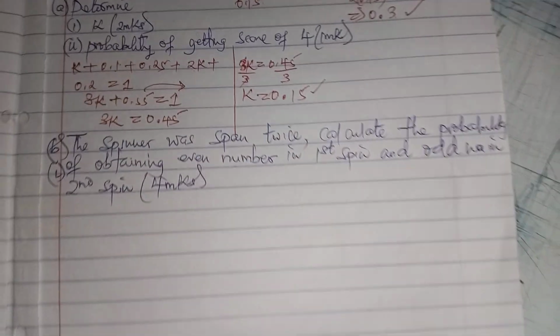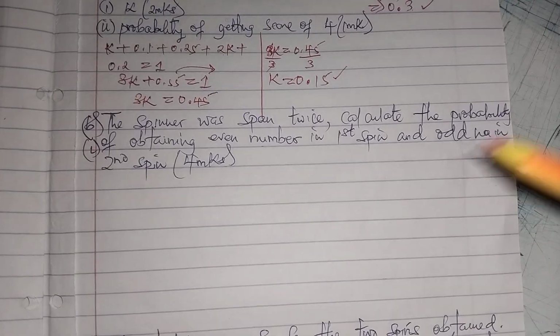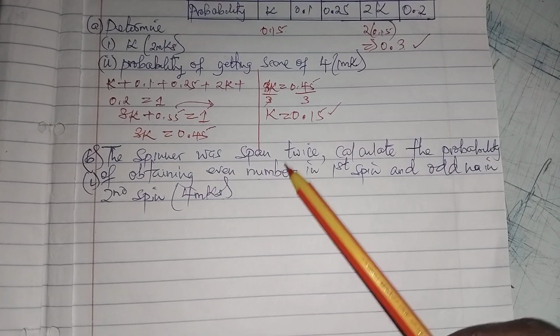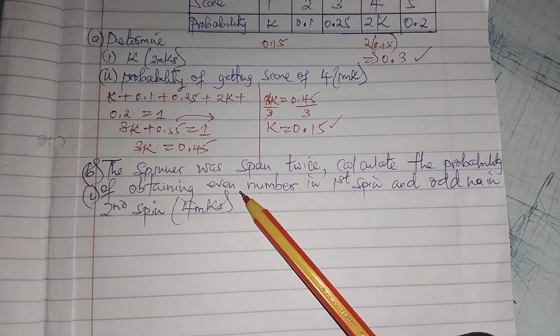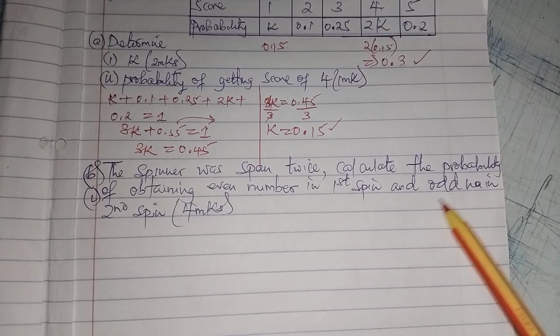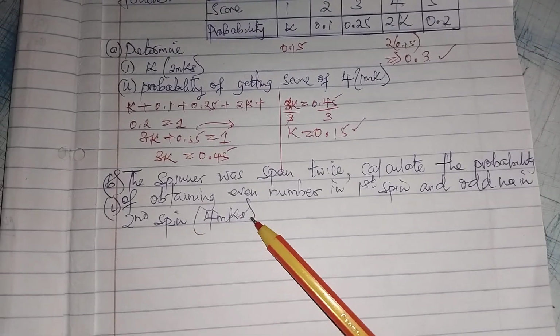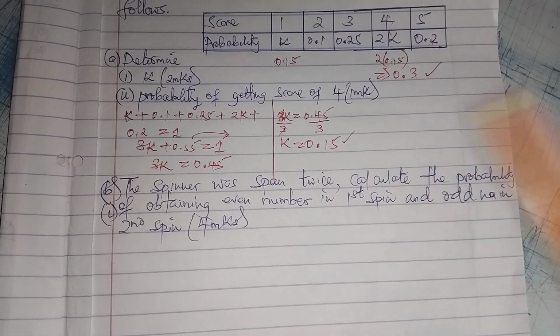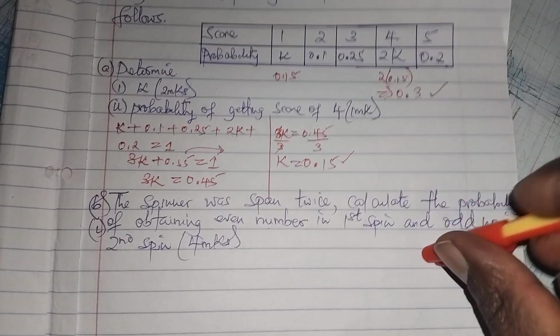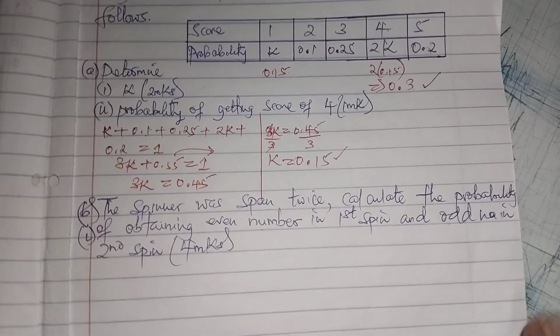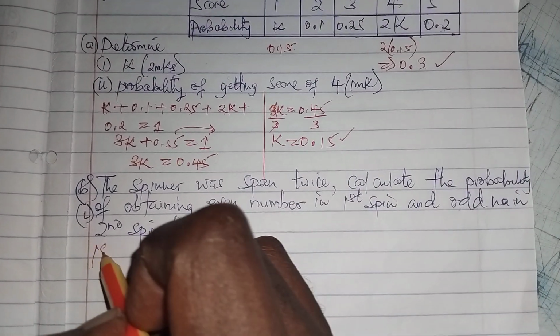Now the next part, they are saying that the spinner was spun twice. Calculate the probability of obtaining an even number in the first spin and an odd number in the second spin. So in the first spin, first of all, you need to find the probability of getting an even number.